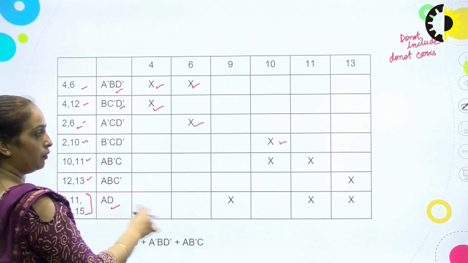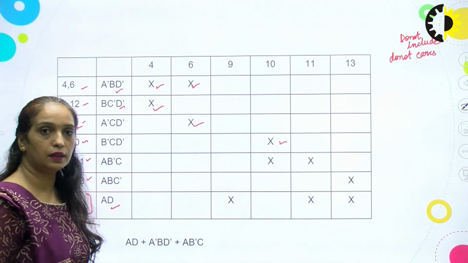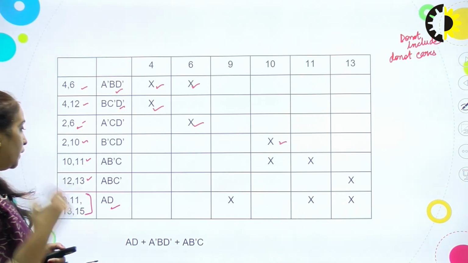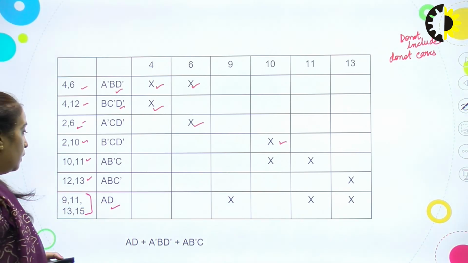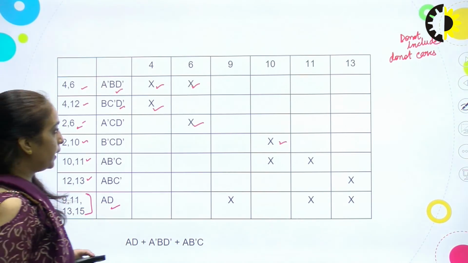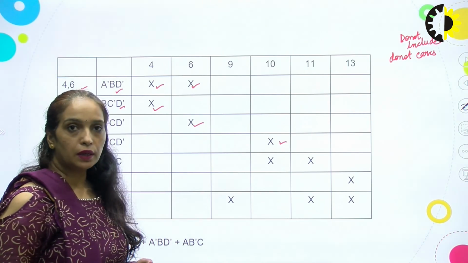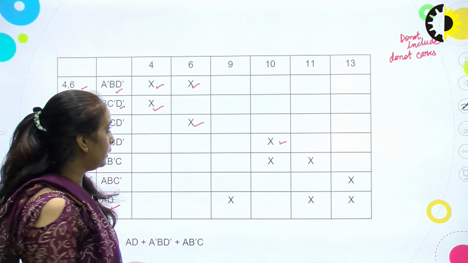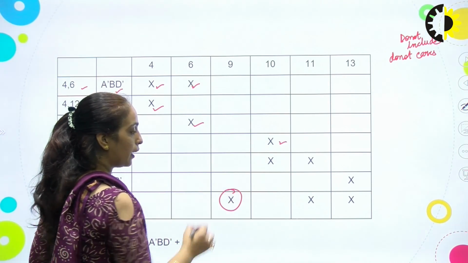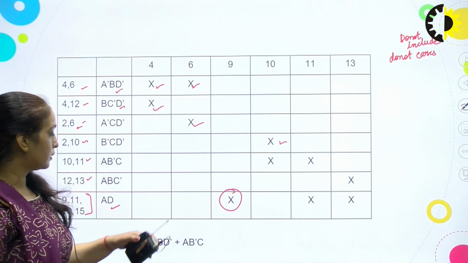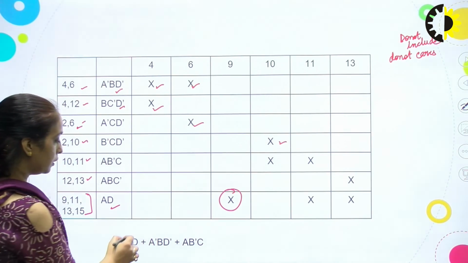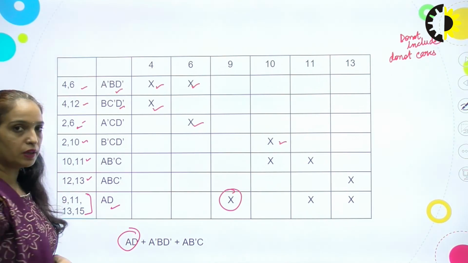Similarly, we have marked all the x under these terms. Next, we have to find the individual x in any column. Here I can see this individual x, so your equation will include the AD first.